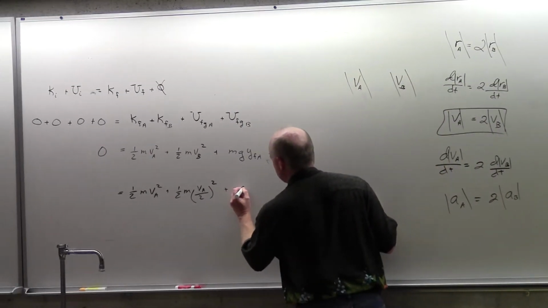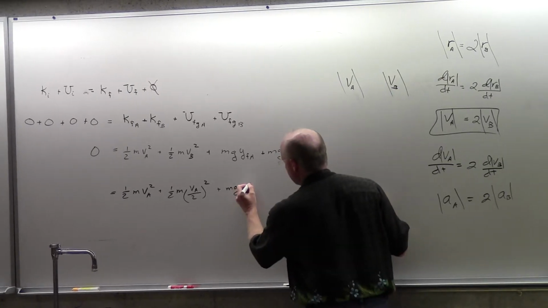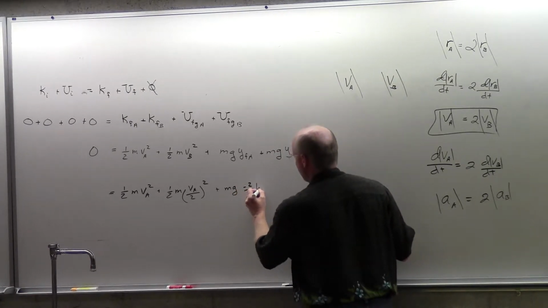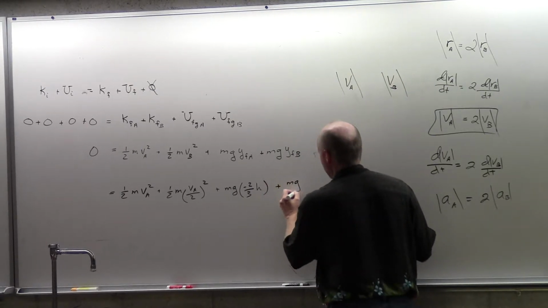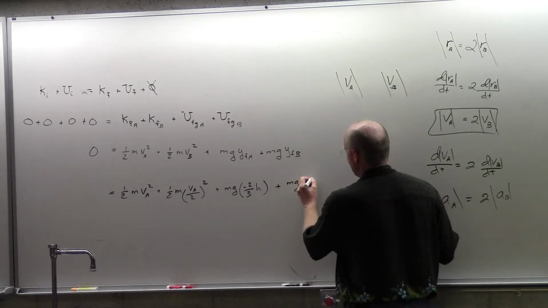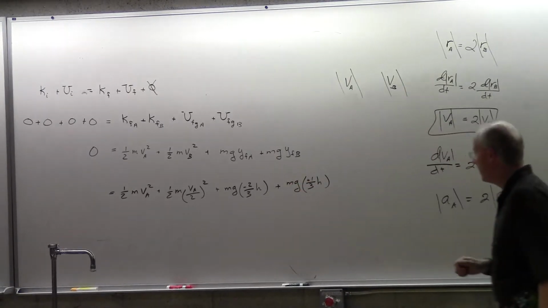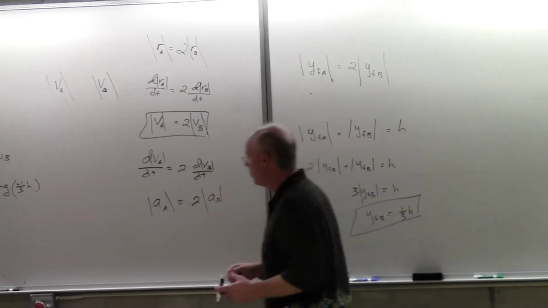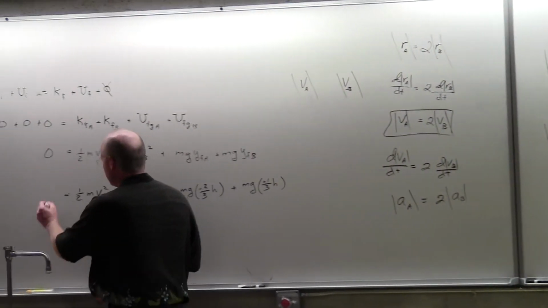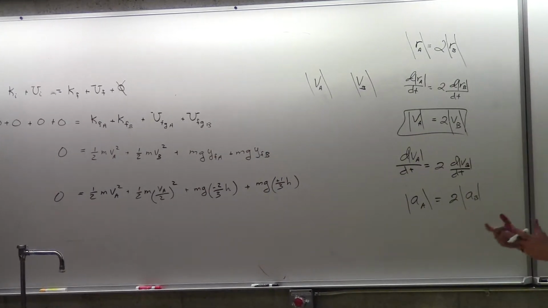We can put in an mg, and then our A is a negative 2/3 H, and our B is a positive 1/3 H. And so now we have our equation written in terms of H's and written in terms of velocity of A, and that is the problem.